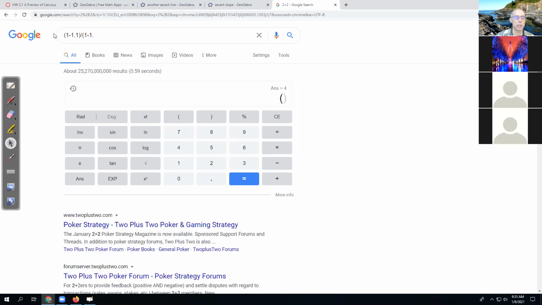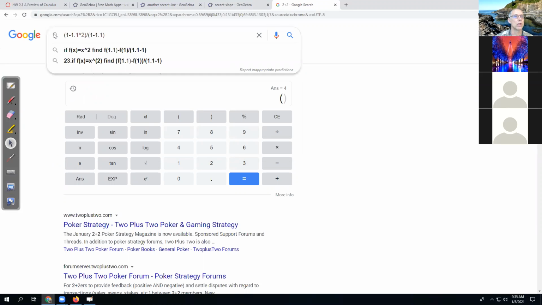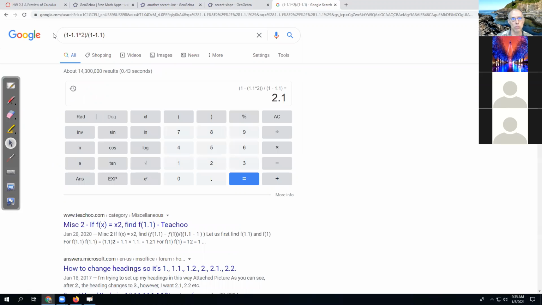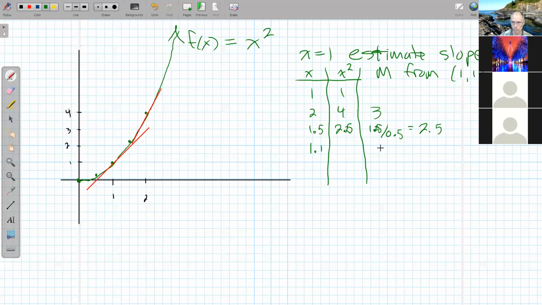Ooh, I did that backwards. So this one is squared. And so I get a slope of 2.1 in that case. It's whatever 1.1 squared is, and the slope is 2.1.